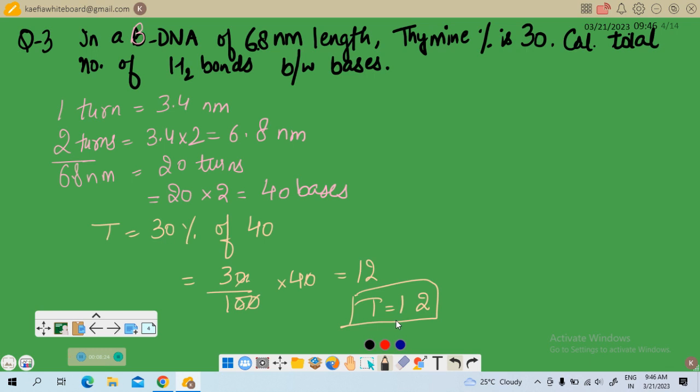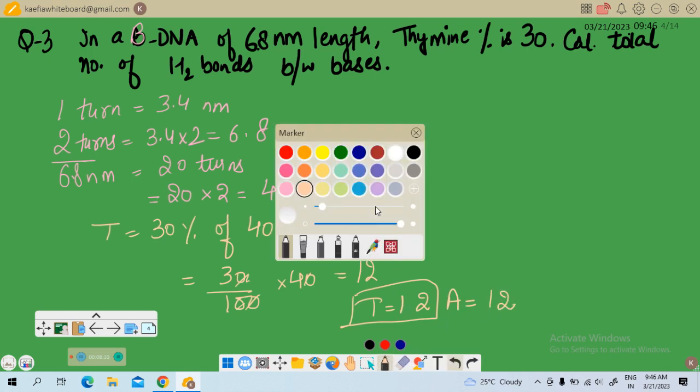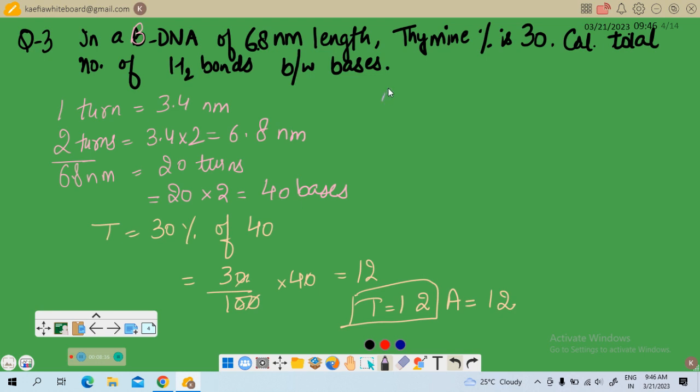Thymine is 12, that means adenine is equal to T, right? So adenine will also be 12. Now we need to calculate the total: A plus T plus G plus C is equal to 100%. No, not 100, 40.